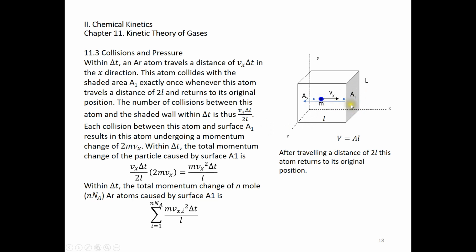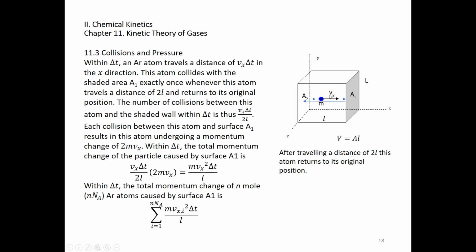It's just because we assume the collision is elastic. So before the collision, the speed is Vx. After the collision, the speed is also Vx. However, the velocity changes. It goes from positive Vx to negative Vx. Or if you define the direction in the opposite way, it changes from negative Vx to positive Vx.